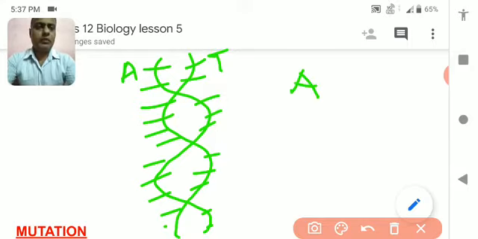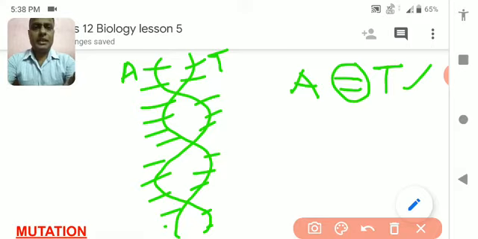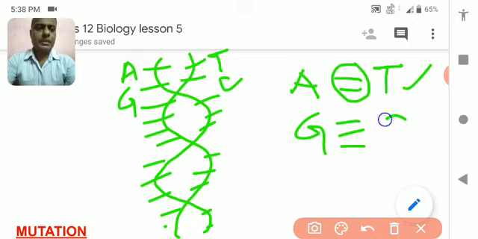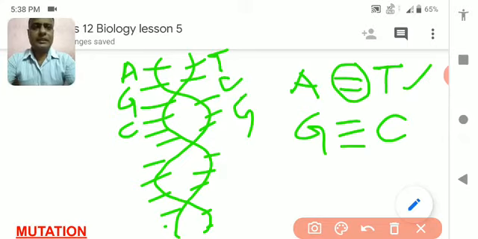Adenine is joined by a double bond with thymine. Similarly, this is a guanine, it will pair with cytosine. Suppose it is a cytosine, it pairs with guanine. This is a thymine, it pairs with adenine. So these all are the nucleotides.